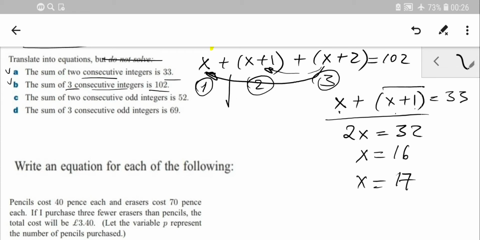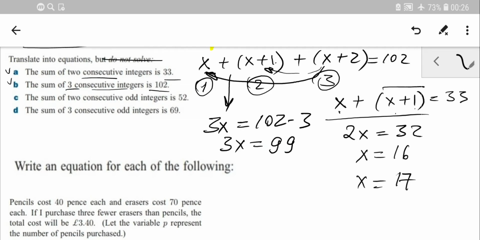All right, let's try to solve that. 3x and 1 and 2 will get 3. 102 minus 3, you'll get 99. And 3x equals 99, from where you just divide by 3, and we'll get 33. So that's the first one.